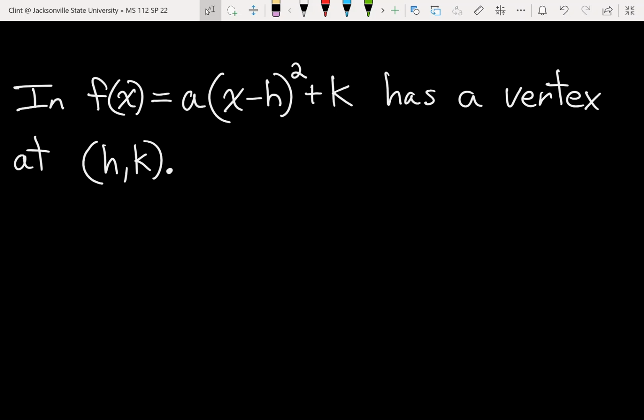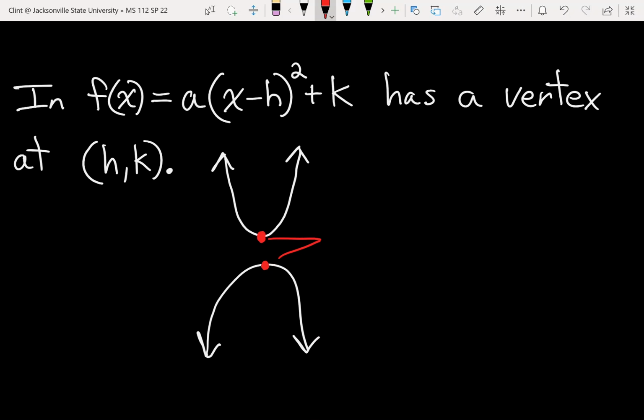And by the vertex, I haven't mentioned that yet. If we have a parabola that opens upward, the vertex would be the very bottom point. If we have a parabola that opens downward, the vertex will be the very top point.